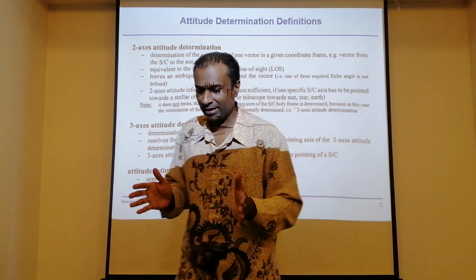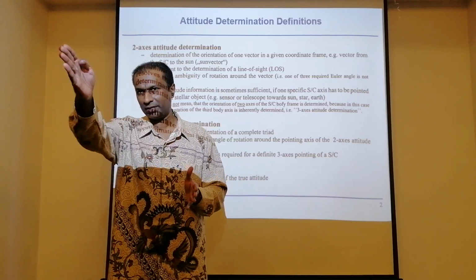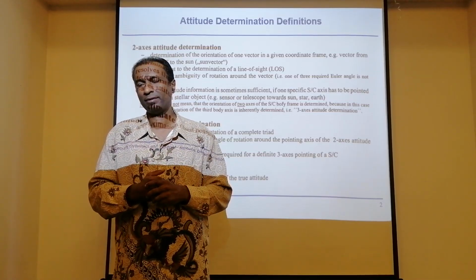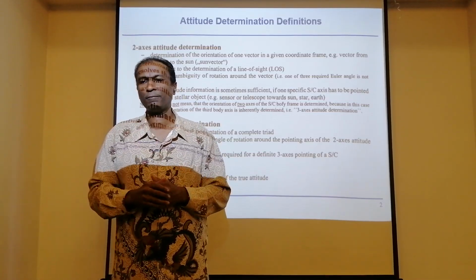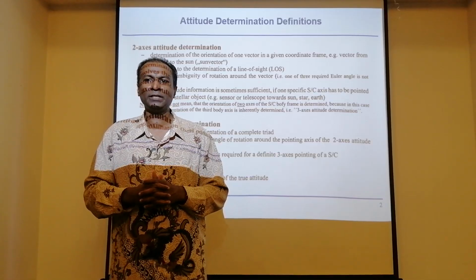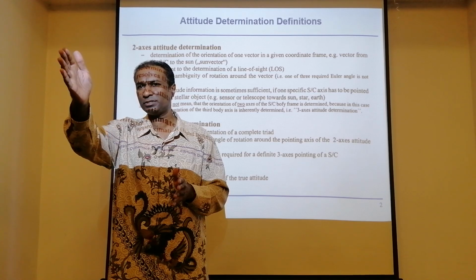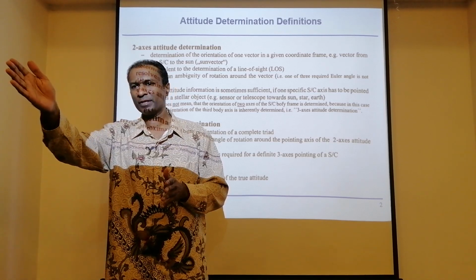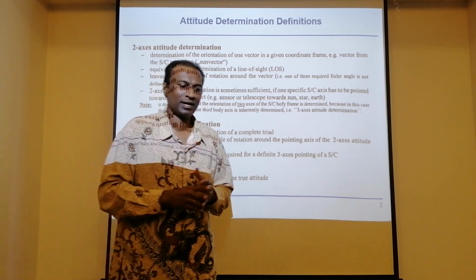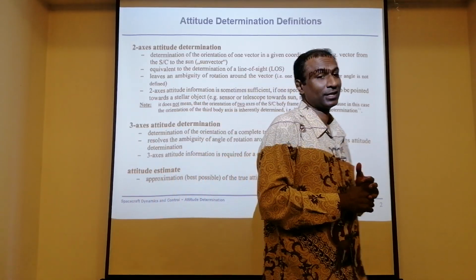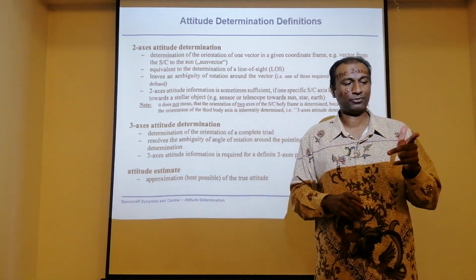If you look at the z-axis, there is a line of sight that you want to look at, the line of sight of the sun. Now, when your line of sight is tilted, that means another two axes are affected.